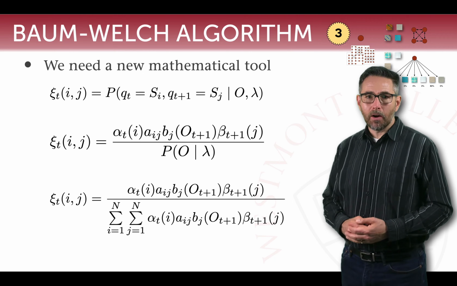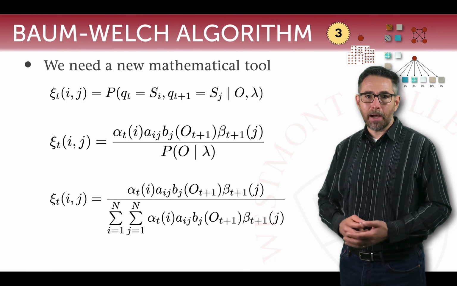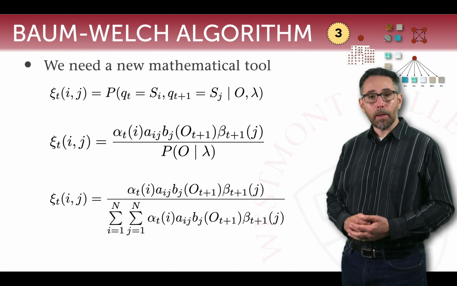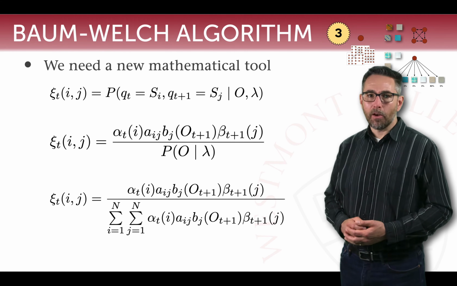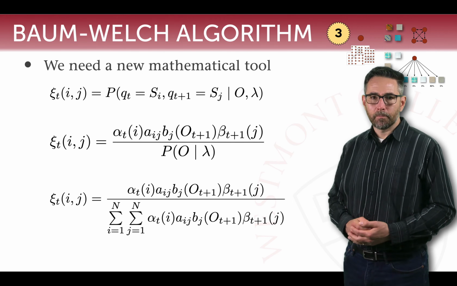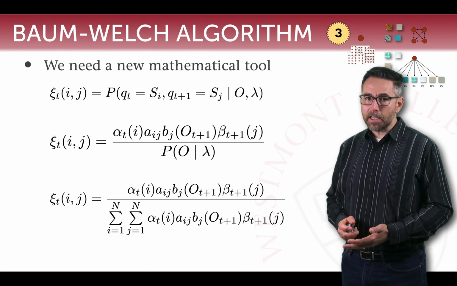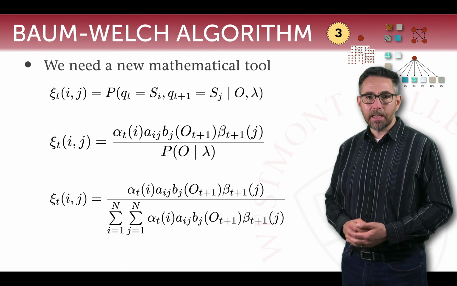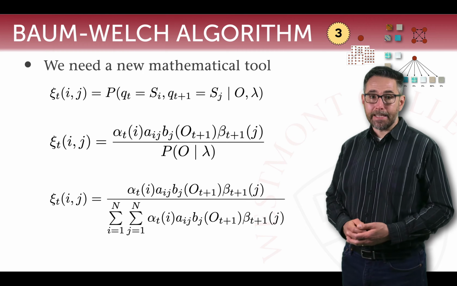We add up all the possible xi t's in the denominator, and that guarantees that this is going to be a probability by dividing it by that normalizing factor, rather than just a likelihood by looking at the numerator. We know alpha t, we know Aij, we know Bj, we know beta. We have all those quantities, and so now we can actually calculate xi t.